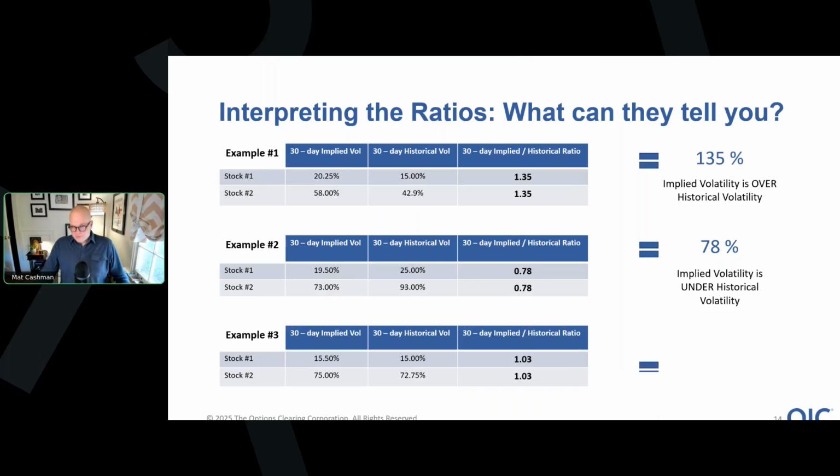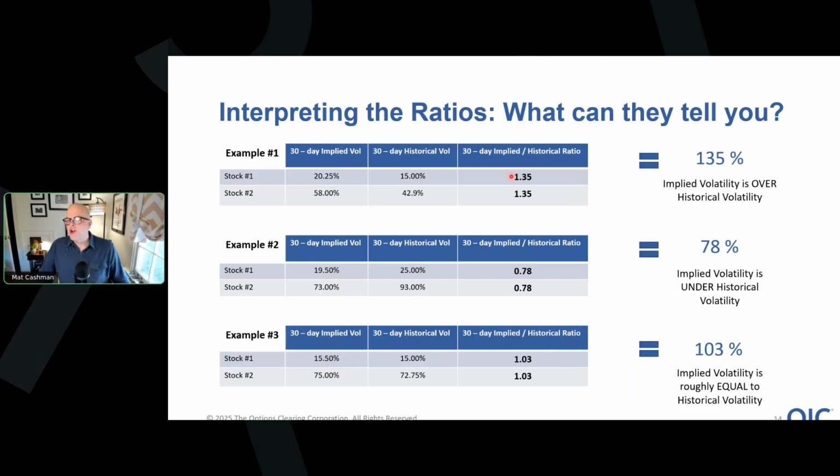And then we have example 3, where essentially implied vol is roughly equal to historical volatility. Again, we have a 15.5 and a 75, but when you compare them to how much their stocks are moving, you still have a 103 ratio, which is very close to equal implied vol and historical vol.